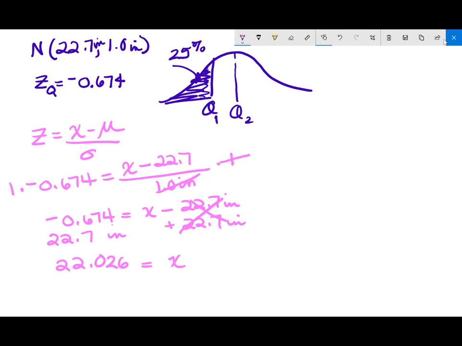We were given the 25%, so let's round this to 22 inches. So 22 inches would be the raw score that is the upper boundary for quartile 1.